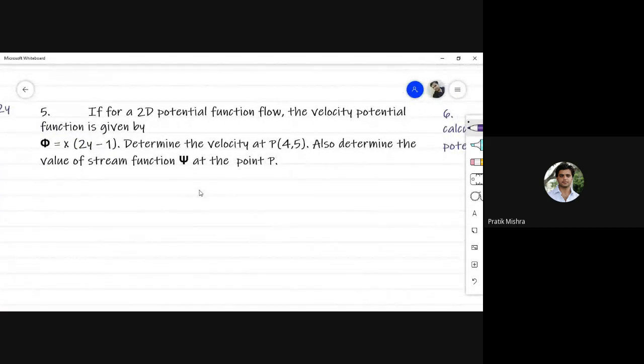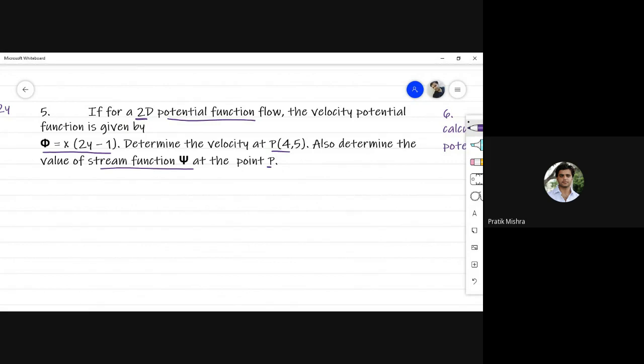In a 2D potential function flow, a 2D flow is given, where the velocity potential function phi is given as x into 2y minus 1. Determine the velocity at point (4,5) and also determine the value of stream function psi at this point.